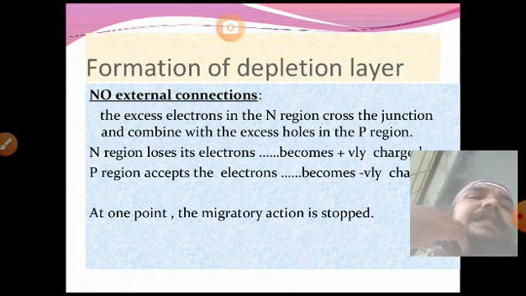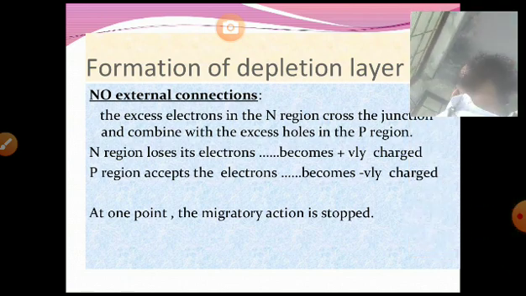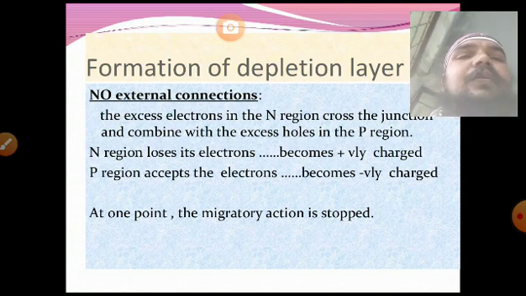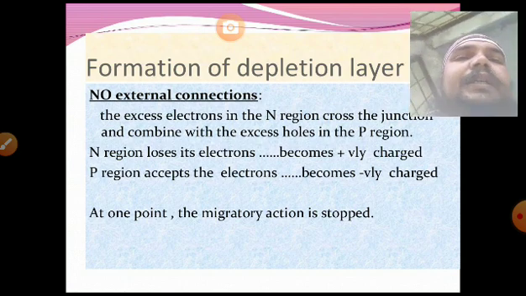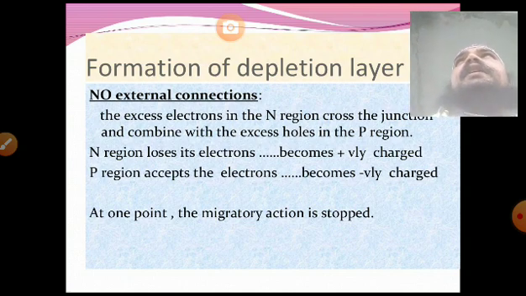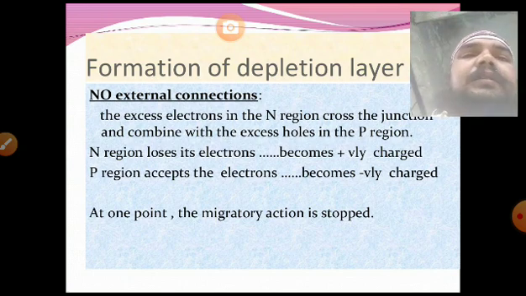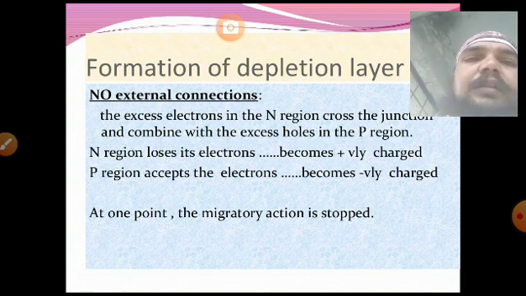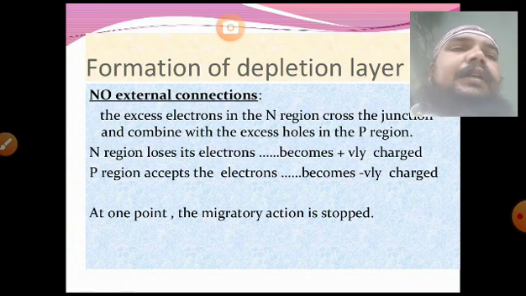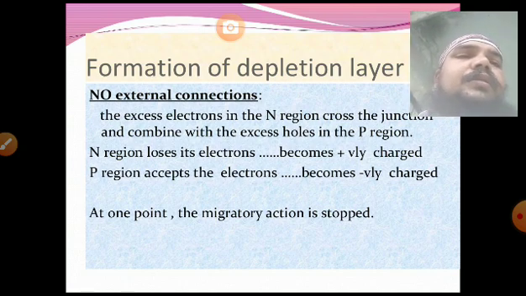Formation of the depletion layer. How is the depletion layer formed? With no external connections, the excess electrons in the N region cross the junction and combine with the excess holes in the P region.